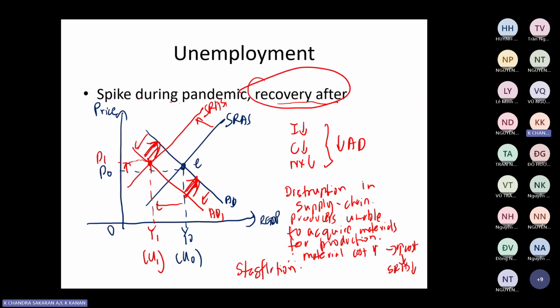Okay, so the intervention here is that the central bank needs to implement, because the central bank can only make changes to the aggregate demand. They have no power to change the supply, only the demand. So in this kind of situation, what you will see is the central bank implementing what?